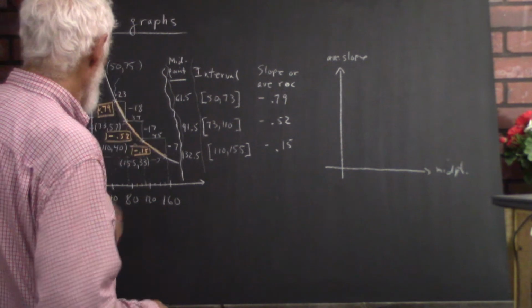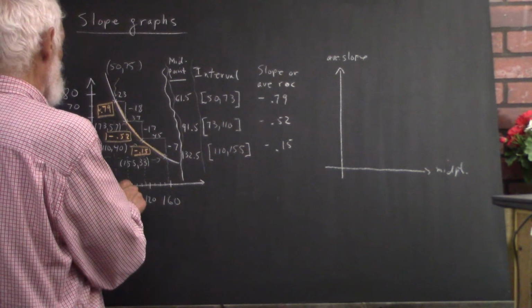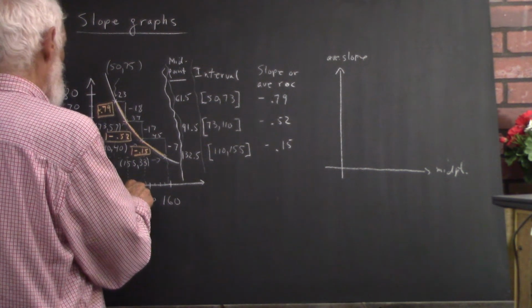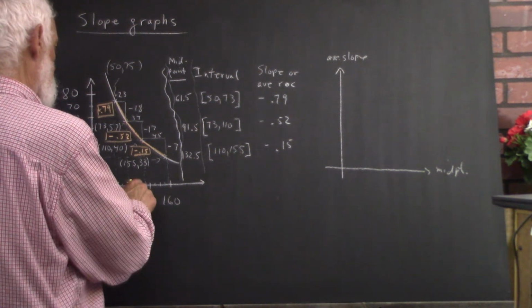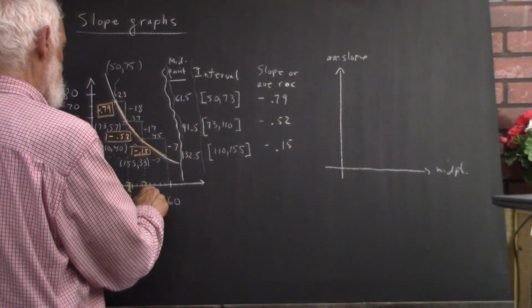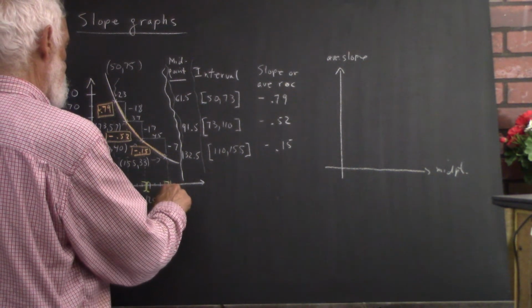So 61.5 would be, okay, well, let's look at this. First interval would be here. Second interval would be from here to here. Third interval would be from here to here.